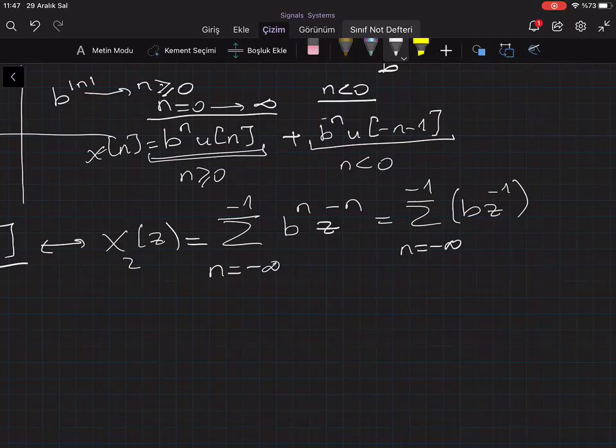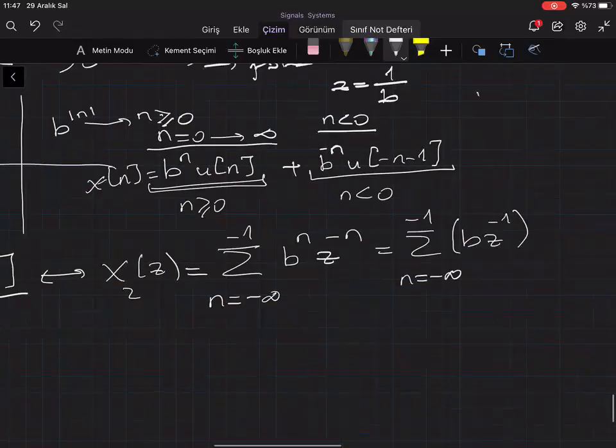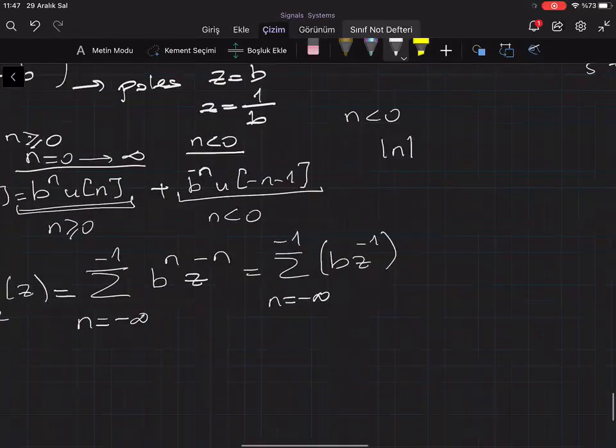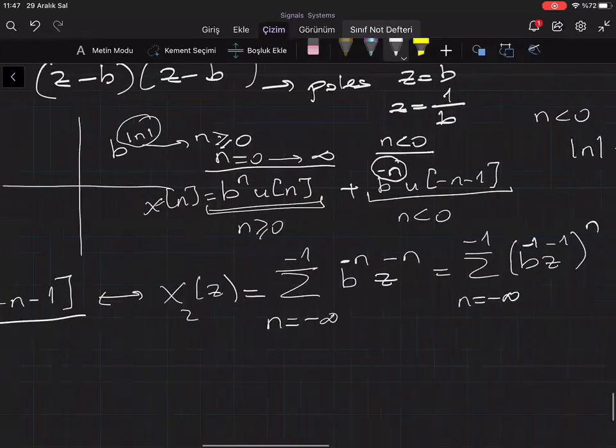Sorry, this should be b to the power minus n, right? This is very important, because when n is less than 0, the absolute value of n should be minus n. That's why this part is minus n.